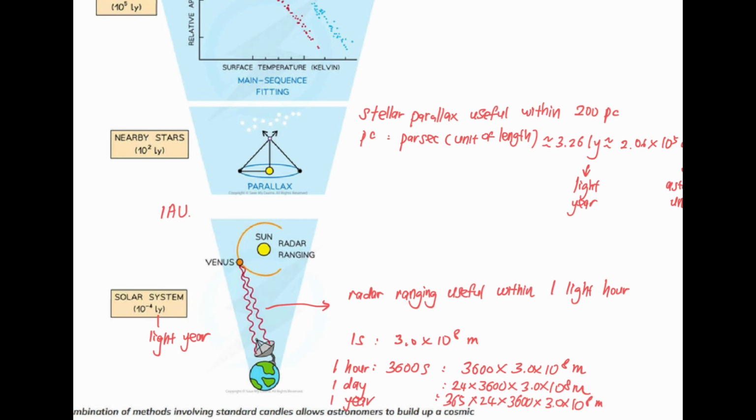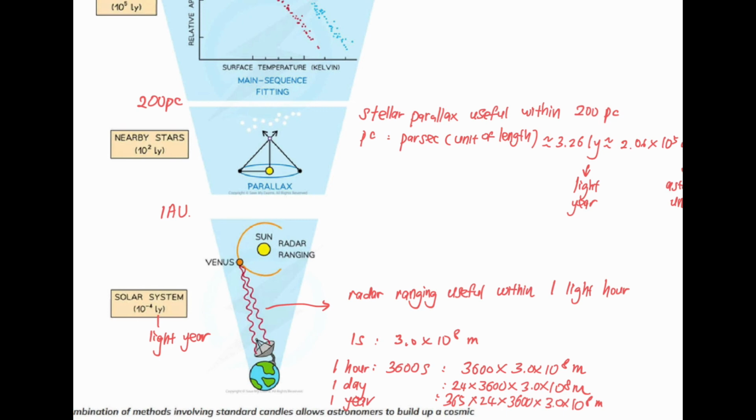So you can use radar ranging. From the Earth until here, this is 200 parsec. So we can use stellar parallax, second method.